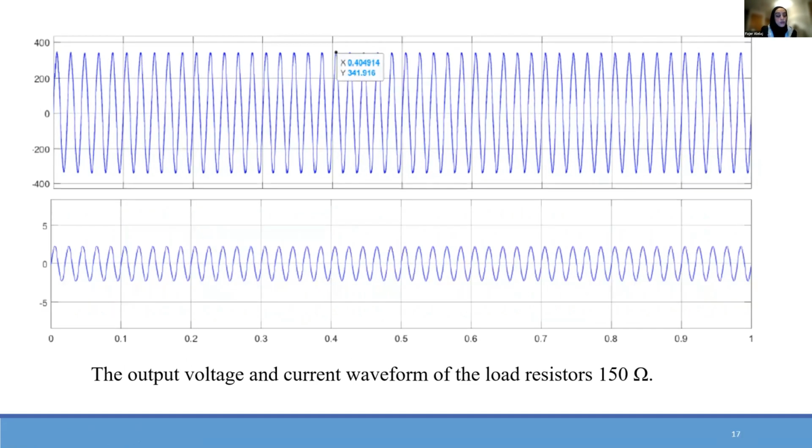The last one was when I changed the load resistor from 100 to 150 ohm to represent the swell case. In this case, the system also reached the required output voltage, and the current is affected because of Ohm's law. It was decreased.